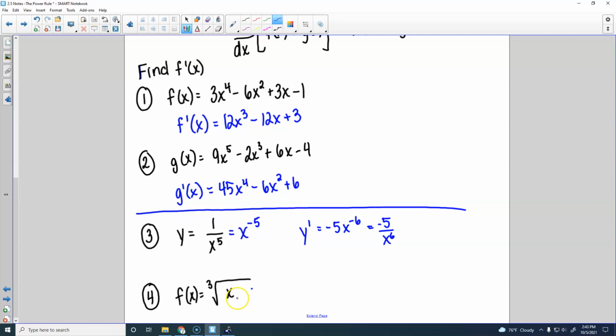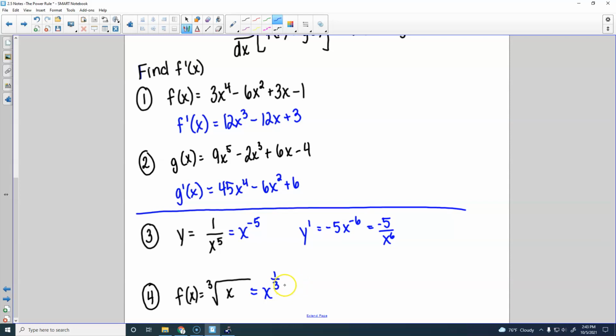All right. Number 4. I've got to rewrite this before I can do this. How could I rewrite the cube root of x? x to the 1 over 3. Roots are on the bottom of a tree, Thomas. So whatever's out here is your root. It goes on the bottom of your fraction.